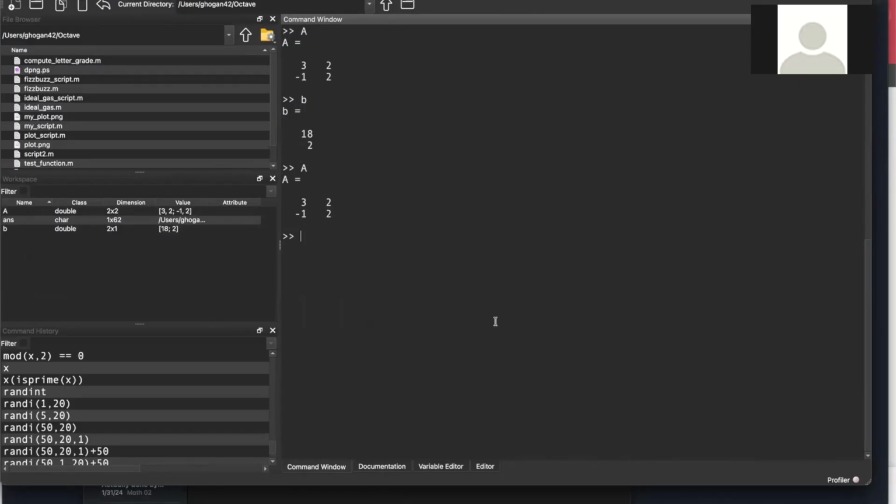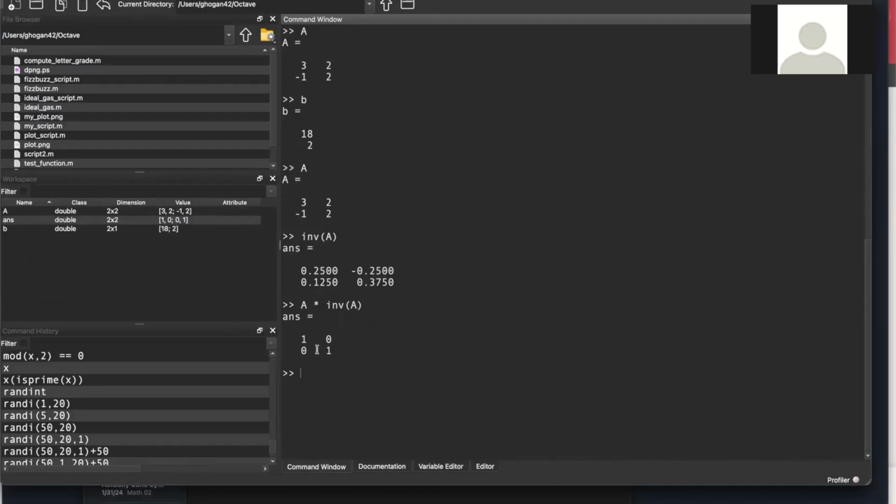If I wanted the inverse in Octave or MATLAB, you would type INV for inverse A. And then this would be the inverse. And so it's just another matrix. It's going to be the same size as the original matrix, and it's just going to have different numbers. But the properties that it has is that if you take the matrix A and you multiply it by the inverse of A, you get what we call the identity matrix, which this is the identity matrix, 1, 0, 0, 1.